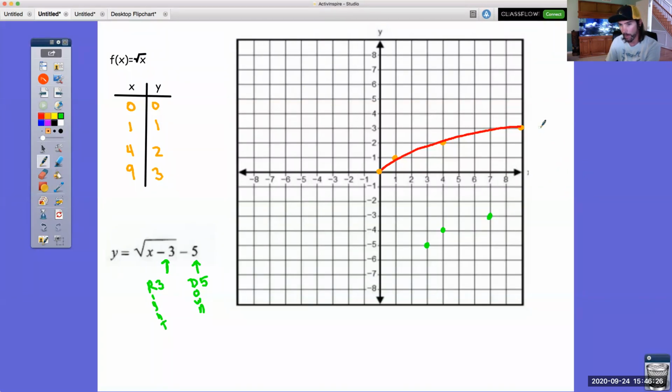I'm going to say right 1, 2, 3, and then I'm going to go down 1, 2, 3, 4, 5. And I'm just kind of looking at imaginary lines, trying to line those up with what I had before. And then just go ahead and connect your points.